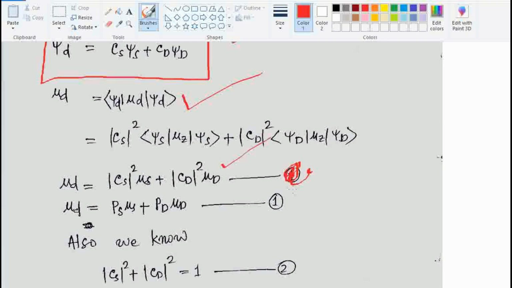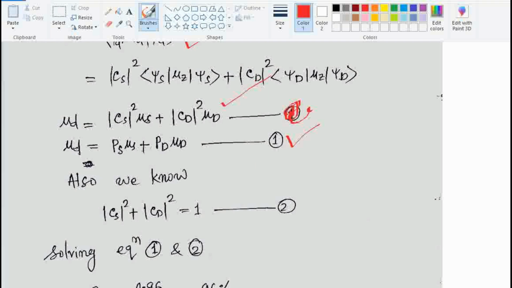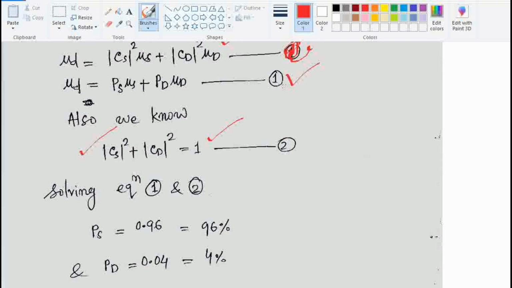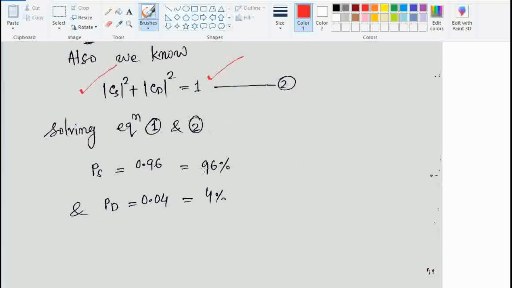This is equation 1. Here Cs and Cd are the probability amplitudes, and if you square them, then you will get the probabilities. So Ps and Pd are the probabilities. And we also know that Cs squared plus Cd squared is equal to 1. This is the basic statement. Now if you solve equation 1 and equation 2, then you will get the probability Ps, that means the probability of getting the neutron in the S state is 0.96.